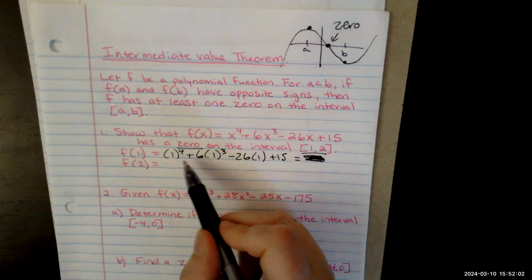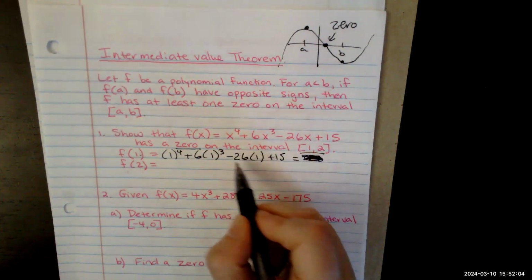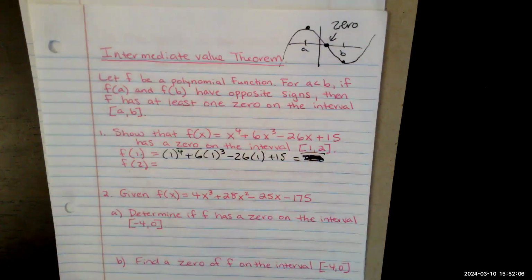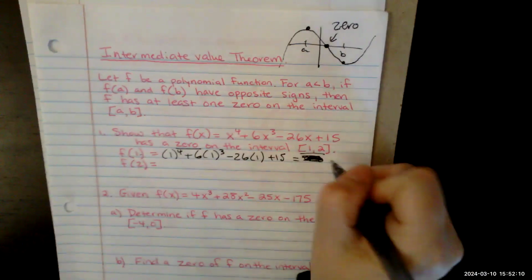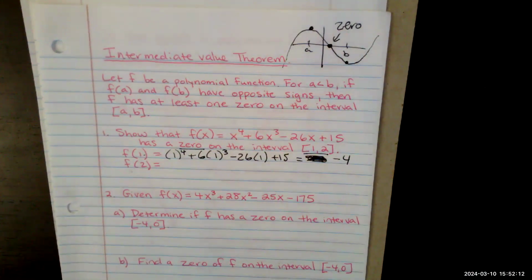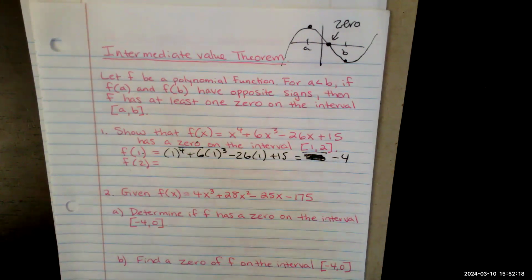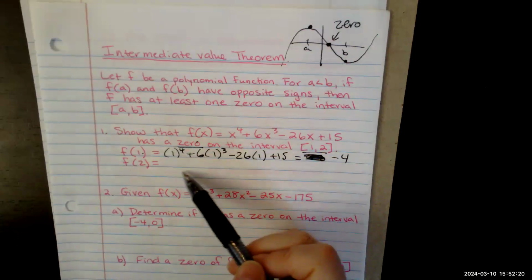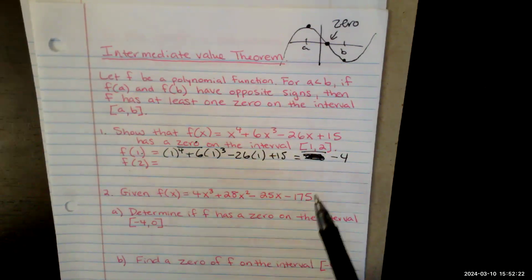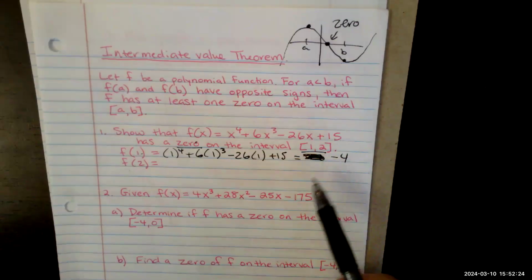So right now I have 1 plus 6 minus 26 and then plus 15. I get -4. Okay. So my answer to is there a 0 between 1 and 2 is only going to be yes if I get a positive answer for this next one, because they need to be different signs.